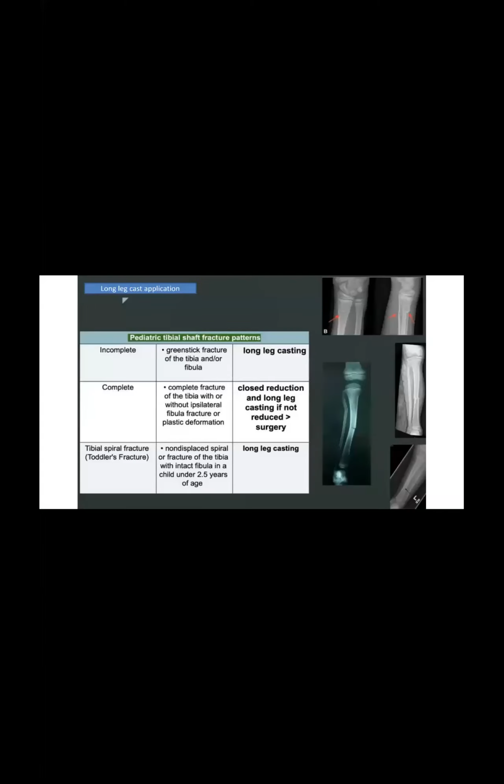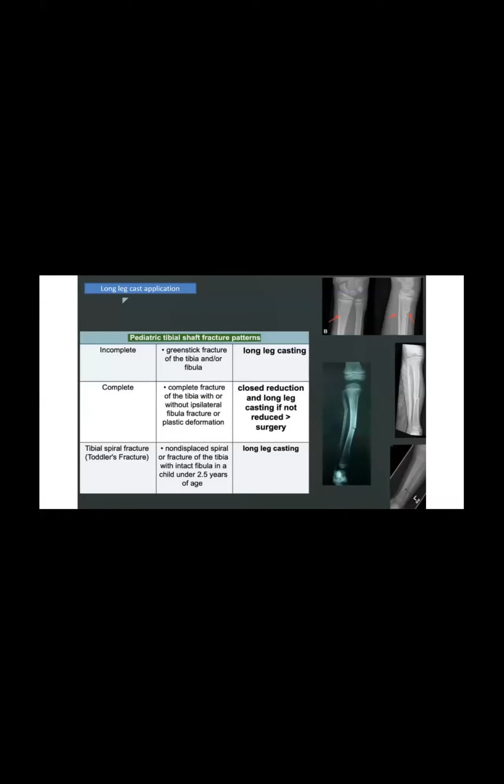Second question, pediatric tibia shaft fracture pattern. It could be incomplete, it could be complete, it could be a tibial spiral fracture. If they ask directly incomplete greenstick fracture, we have to give a long leg cast.